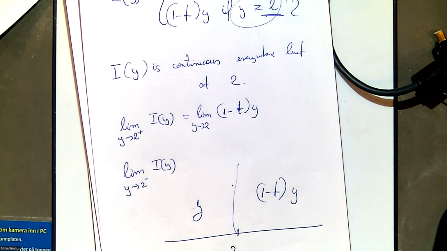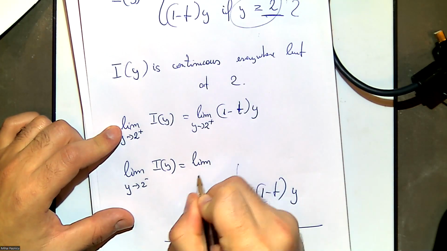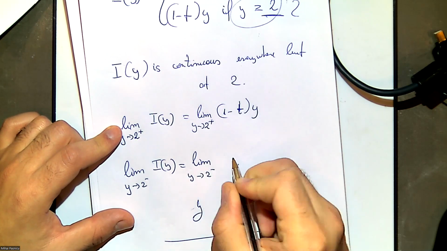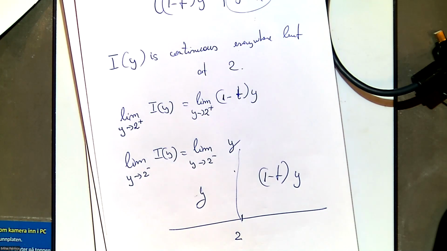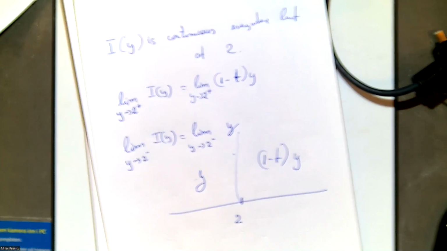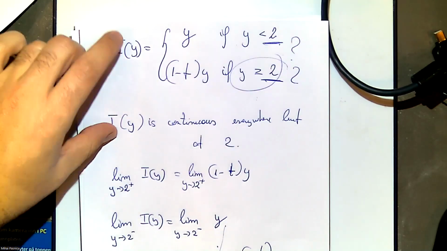Yeah, I wrote it correctly. And when it comes from the negative side, it's just y. Do you guys see the difference? Since this function is defined on intervals, when I'm coming from the right-hand side, I have to take one piece of the function. When I'm coming from the left-hand side, I have to take the other piece. That's the whole idea when you have functions defined like this and you're trying to compute lateral limits.